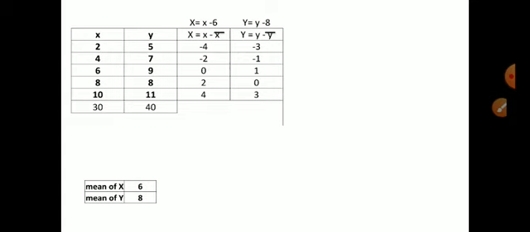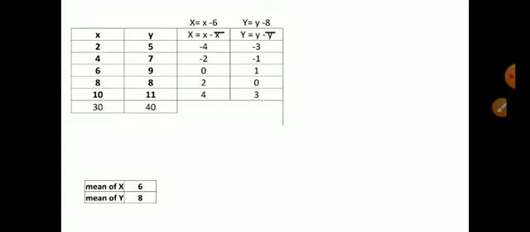Similarly, y minus 8: 5 minus 8 is minus 3, 7 minus 8 is minus 1, 9 minus 8 is 1, 8 minus 8 is 0, and 11 minus 8 is 3. We found the capital X and capital Y.